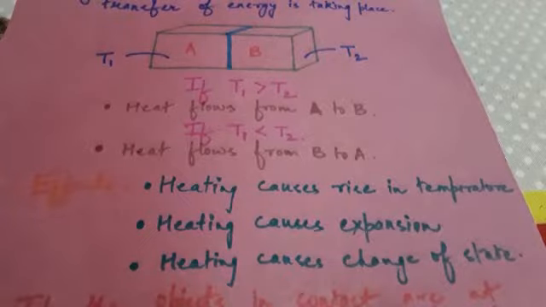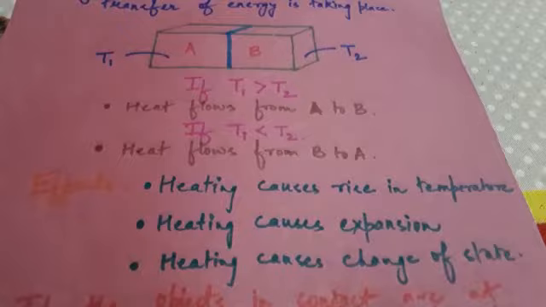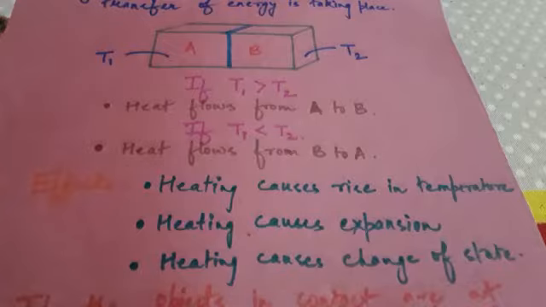Now, let's see another example for this. If you take some ice cubes out of the refrigerator and keep them out for some time, what happens? Eventually, that ice melts and turns into water. How is it so? That happens because the heat, the energy, is getting transferred from the environment or the surroundings into the ice, and that changes its state into water.